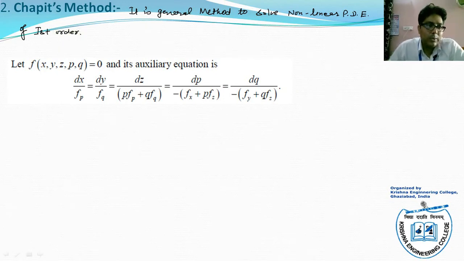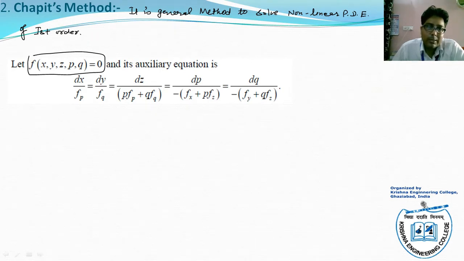Let us consider the function f(x, y, z, p, q) equal to 0, and its auxiliary equation is dx upon fp equals dy upon fq equals dz upon (p fp plus q fq) equals dp upon (minus fx minus p fz) equals dq upon (minus fy minus q fz).